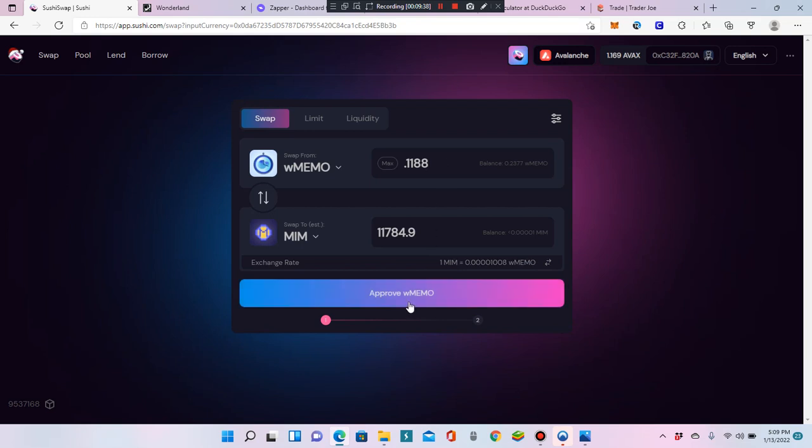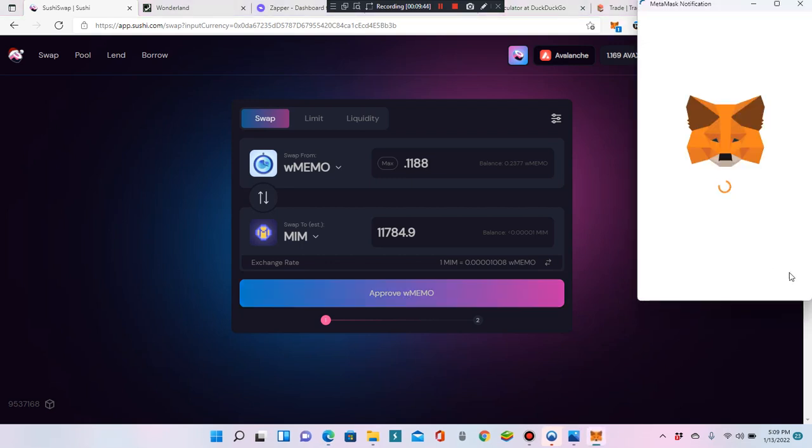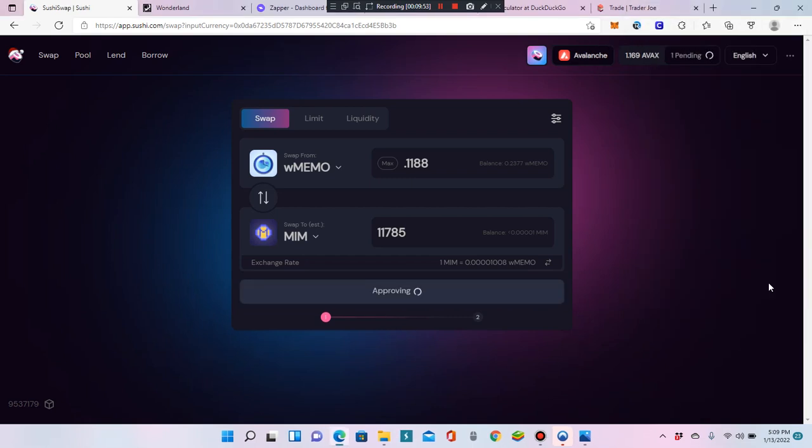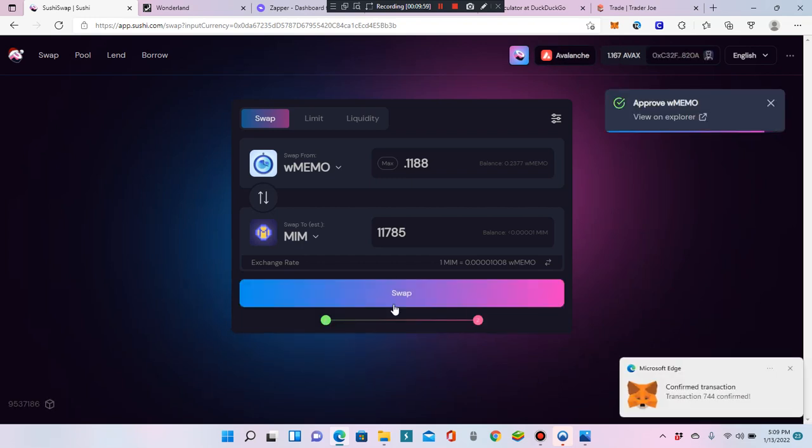Okay, so let's approve the swap. 13 cents, all right, to approve it. This is approving. Anytime you guys do anything for the first time, you have to approve it.